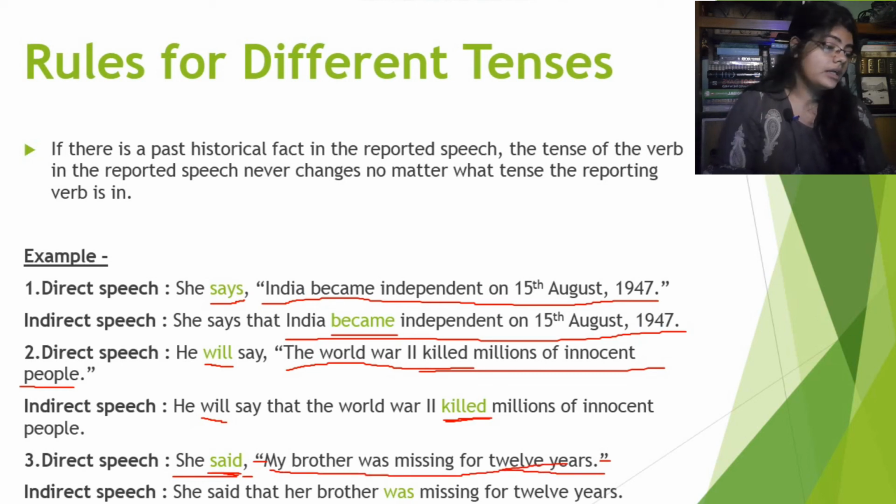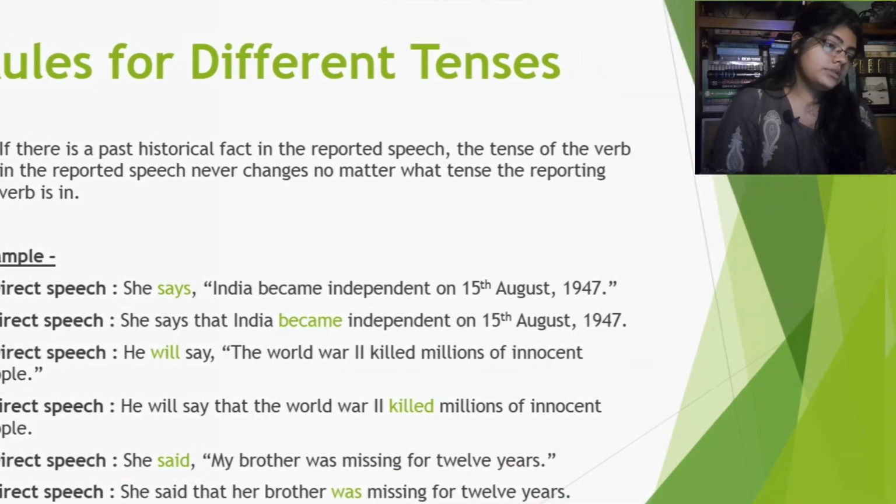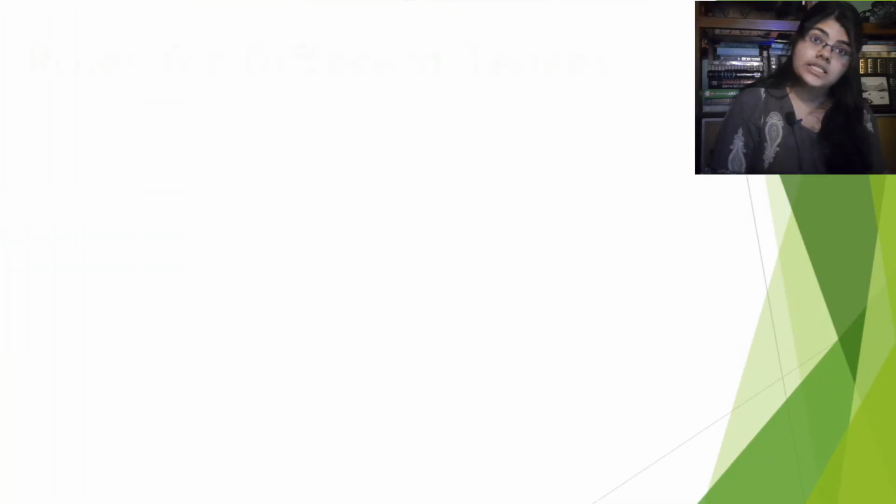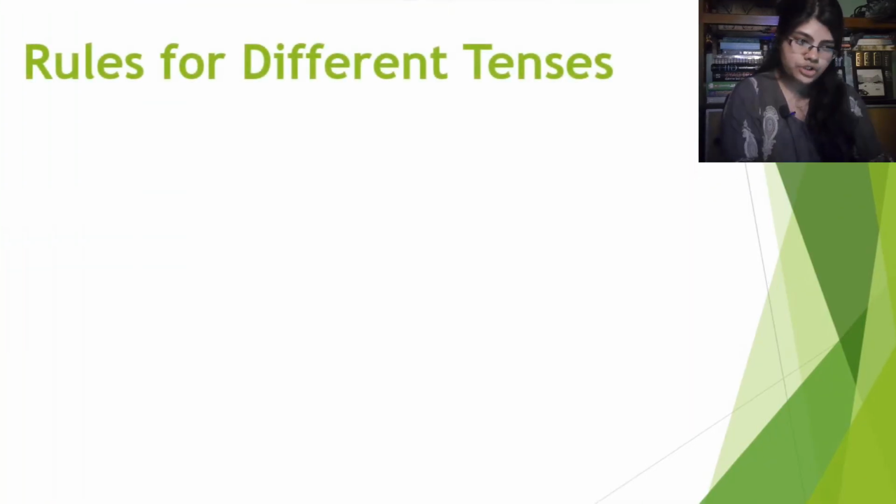That is why the verb "was missing" will not be changed. It will be exactly how it is. See, her brother was missing for 12 years. "Was missing" will not be changed. It will be "was missing" only in the indirect speech. Alright. Now comes the last rule, the last portion.